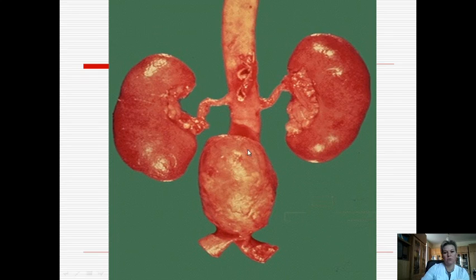In this photo you can see aneurysm formation in the abdominal part of the aorta.